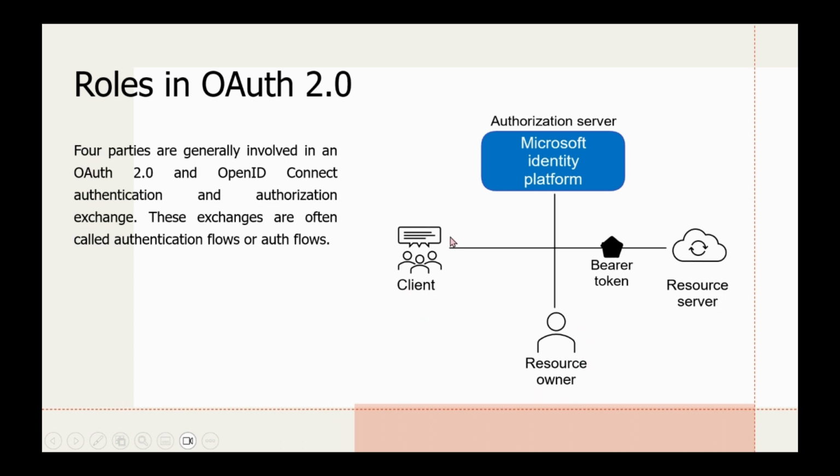These are the four parties in the authorization and authentication flow or exchange. So what happens in the authorization server? Its roles are authenticating and validating, generating the token and refreshing the token.